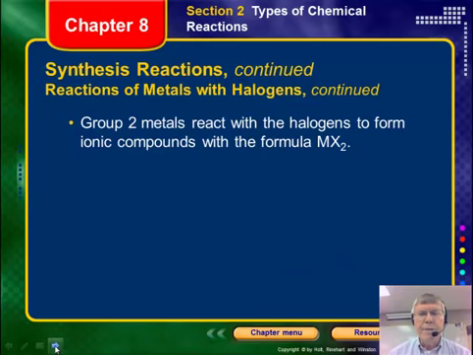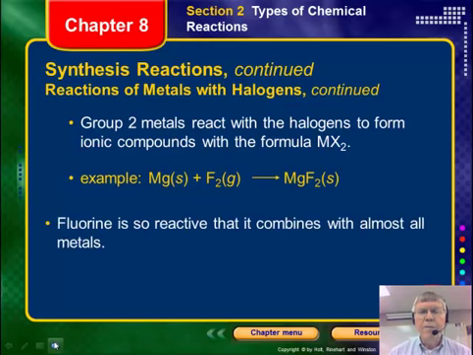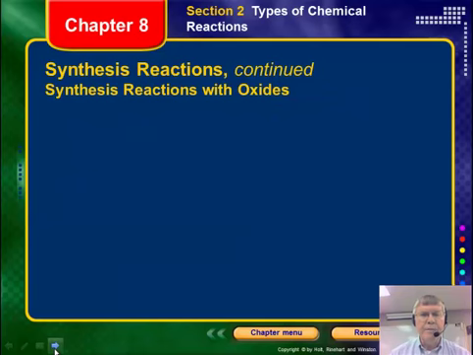Group 2 metals will form the MX2 compound. Magnesium plus fluorine forms magnesium fluoride, MgF2. Fluorine is so reactive that it combines with almost every single metal. There are very few that will not react with fluorine.